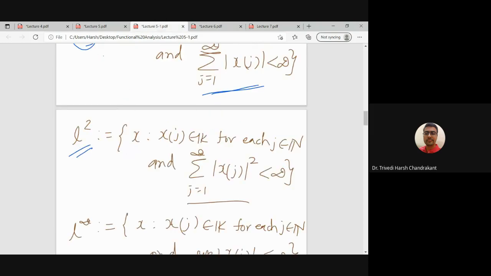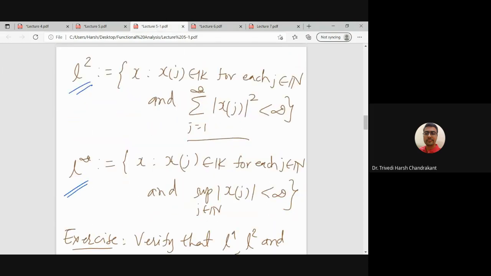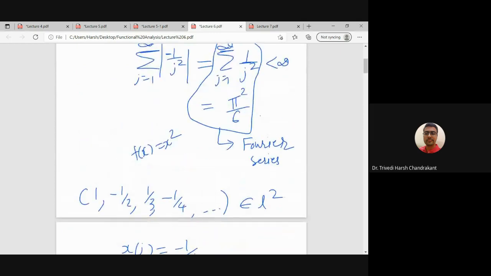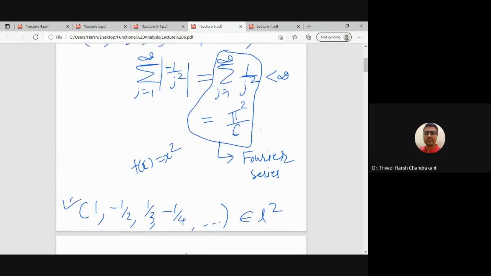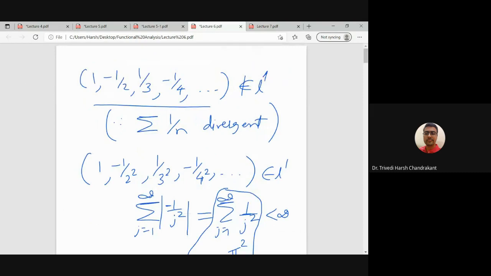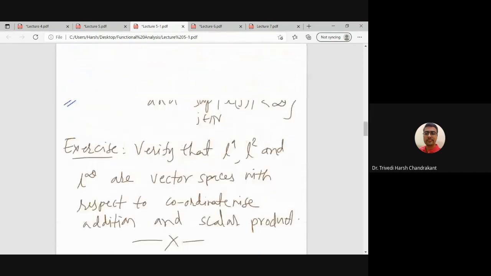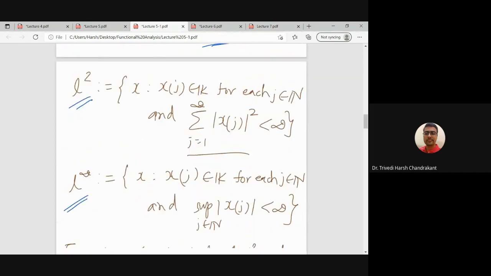Okay, what is the example of L infinity? So we have seen that there is one element which is in L infinity, but it is not in L1. Right? So the third example is L infinity.